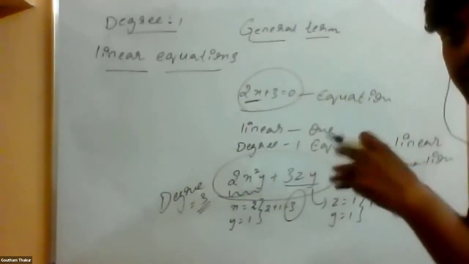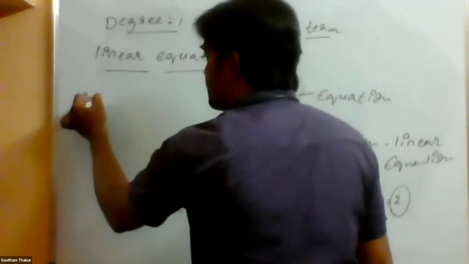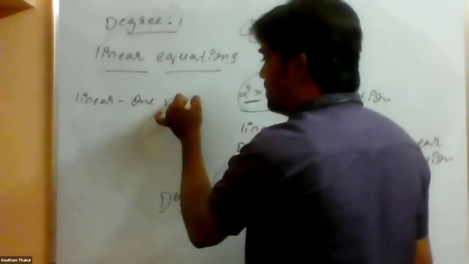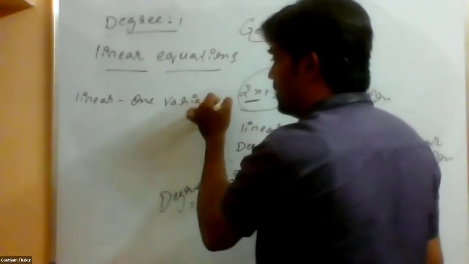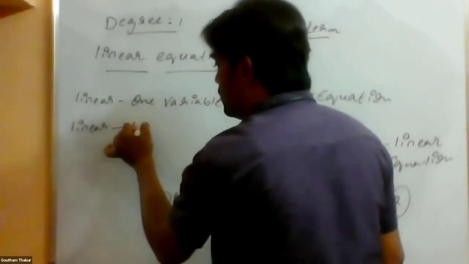Again, in linear equations we have two different types: linear in one variable and linear in two variables.